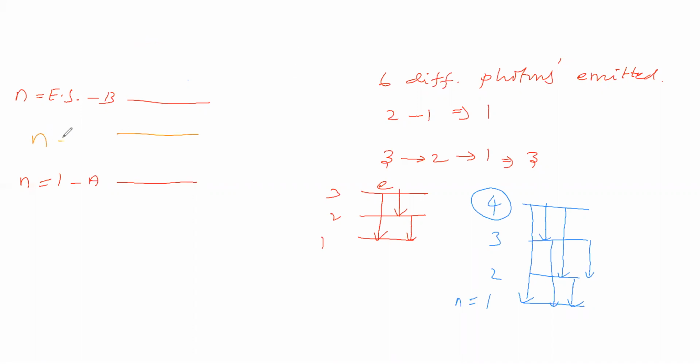Due to 4, 6 different photons we got, so due to this B we would still get more, more than 6 different photons. But that is not said. This indicates n is equal to 4 is not less than B, it is greater than B. So we came to know that n is equal to 4 is greater than B.